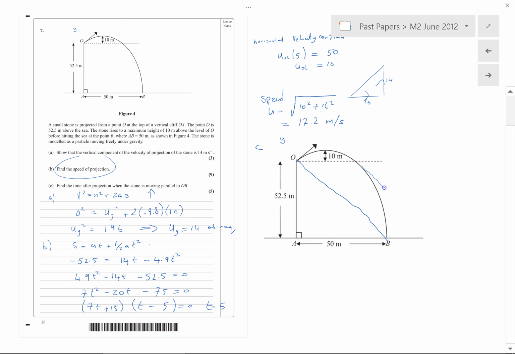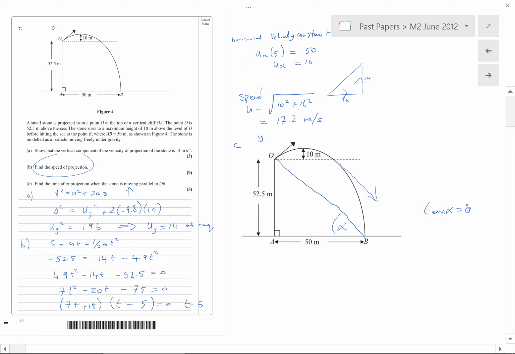Well, we can work this angle out easily. That's tan alpha is equal to 52.5 over 50, which is 1.05.